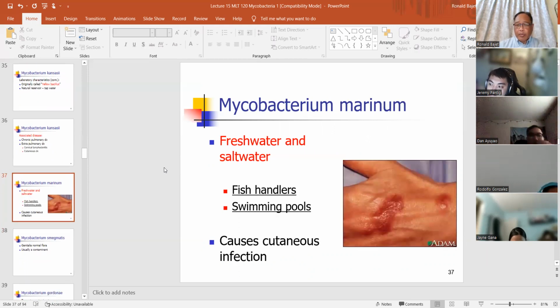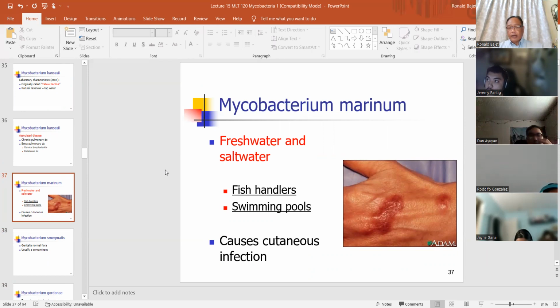The next one is Mycobacterium marinum, and you get this from freshwater and/or seawater. The people who usually get Mycobacterium marinum are fish handlers or people who maintain swimming pools, or you can be swimming in the organisms in there. Even though swimming pools have chlorine, it's a very hardy organism because of the high lipid content in the cell wall, so it's hard to kill, and it causes cutaneous infection.